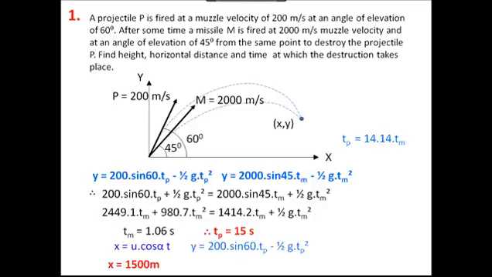And similarly for y, you can use either of the equations. I used it for the projectile. So in this equation, 200 sin 60 Tp minus half g Tp square, I put the value of Tp as 15 and I get my y.